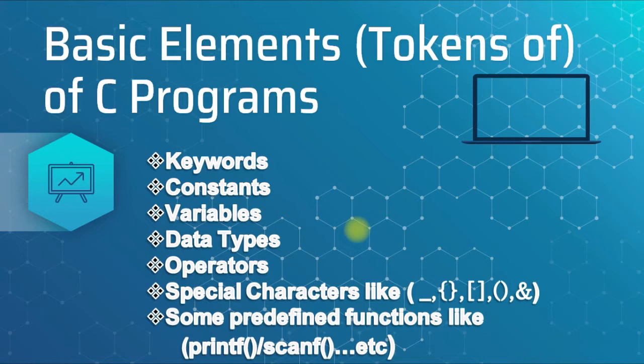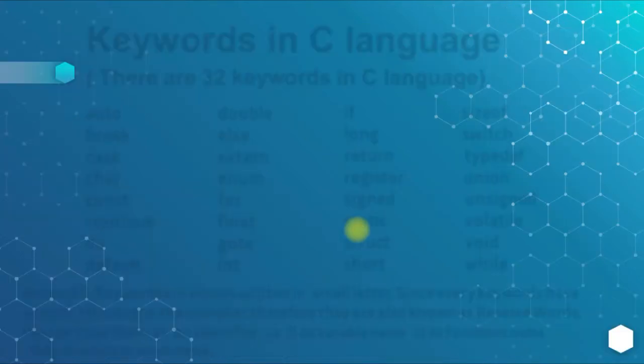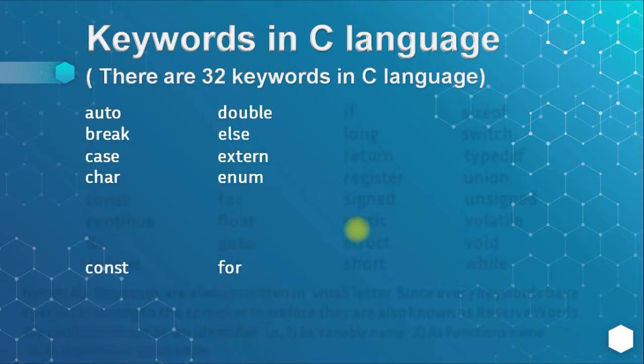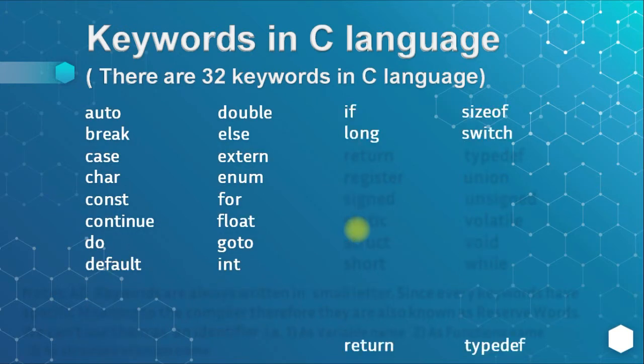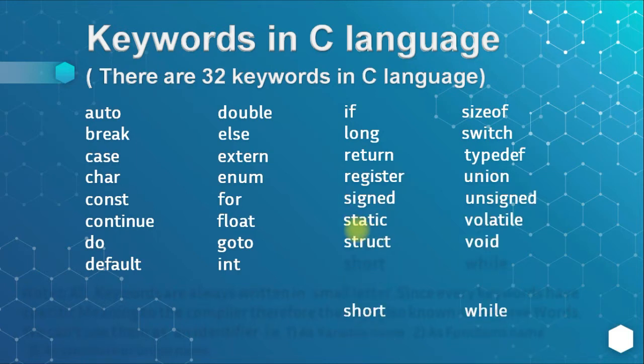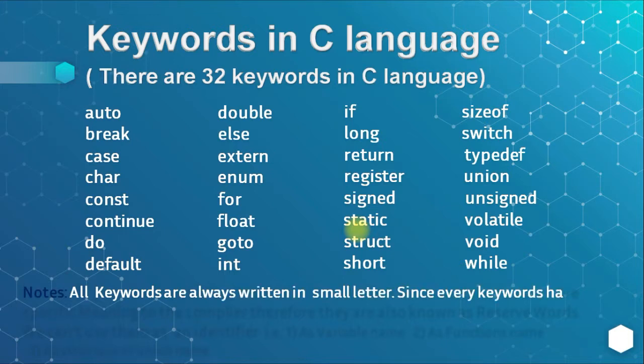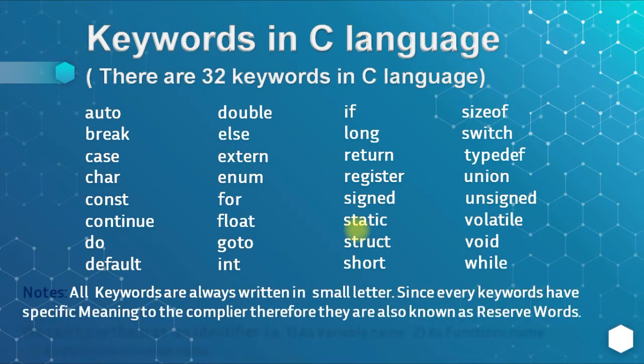The first term is keywords. What are keywords in C language? There are 32 keywords in C language. All keywords are always written in small letters. Since every keyword has a specific meaning to the compiler, therefore they are also known as reserved words.